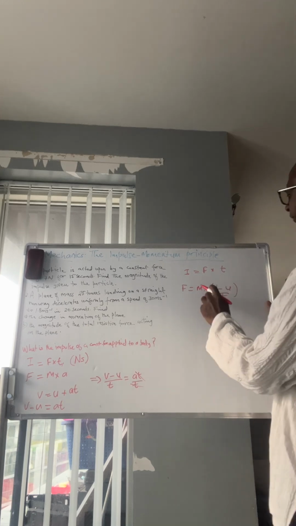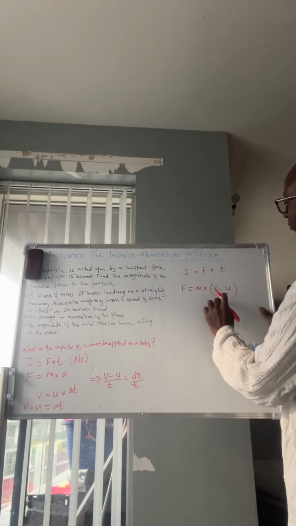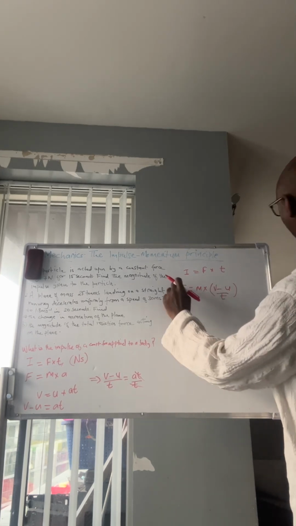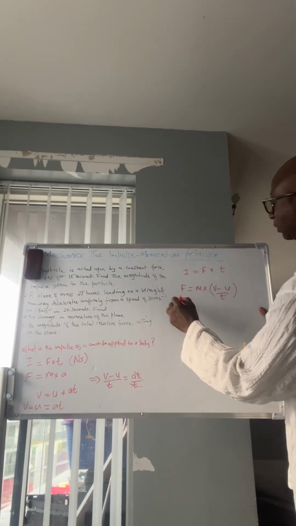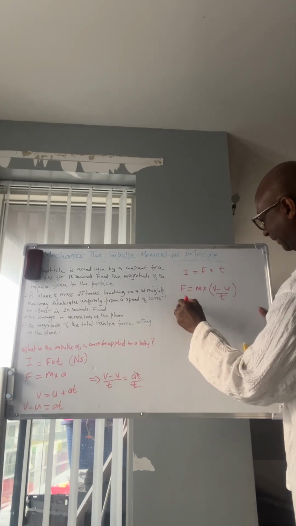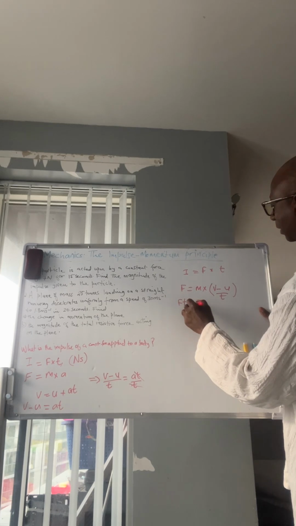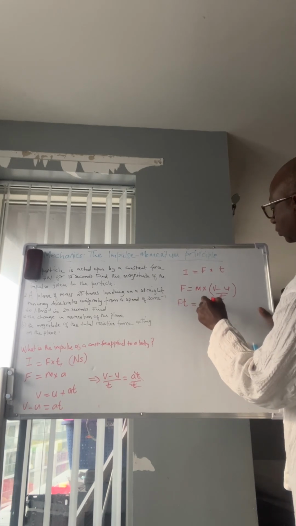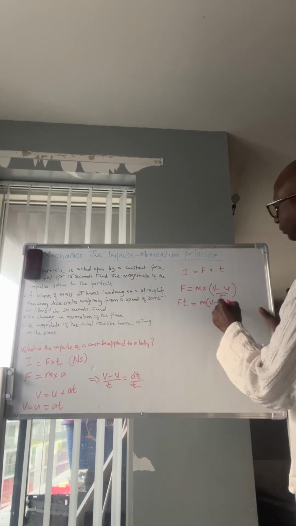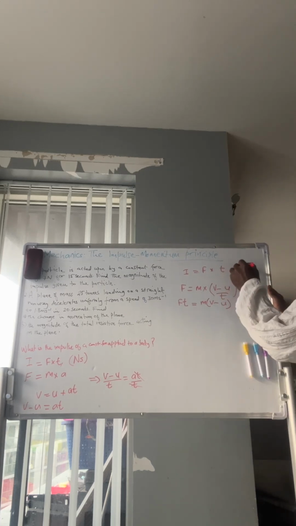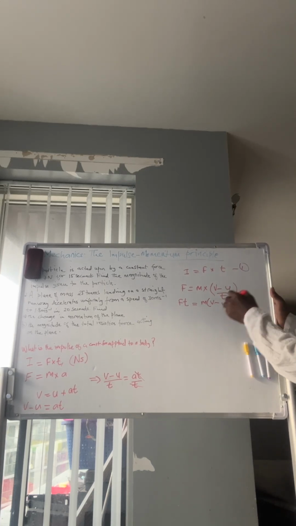So now we can just cross multiply. We have Ft equals mass times v minus u. Let me say this is equation 1 and this is now equation 2.